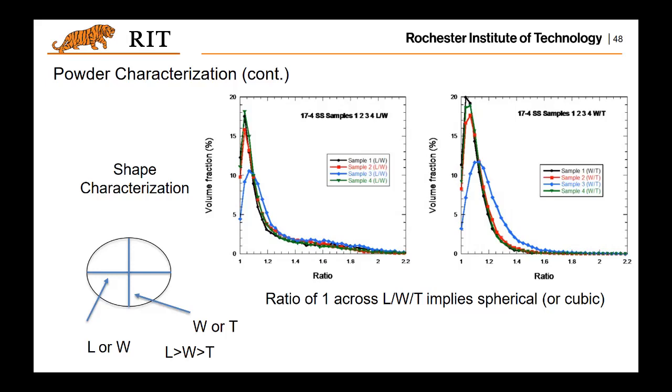Basically, if the ratio is 1, that means it is a spherical powder. But in general, it is not the case. Usually there will be a different ratio, and usually it is larger than 1, and that will give you different volume fractions.